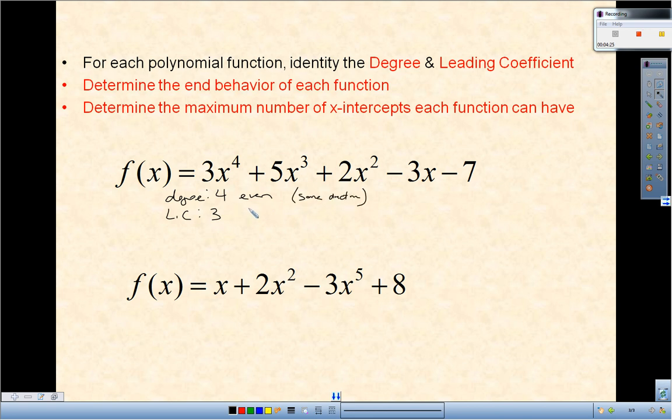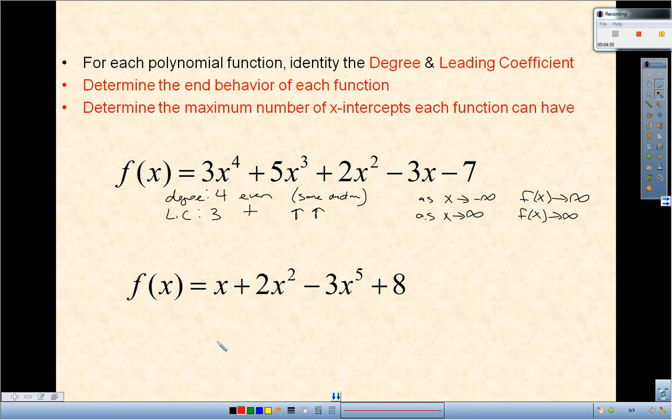My lead coefficient is positive, so both ends are going up. And so the way I would write this is as x goes to negative infinity, which means on the left-hand side, my function is going up, so going to positive infinity. As x goes to positive infinity, that means the right-hand side, my function is also going up, so it's positive infinity.